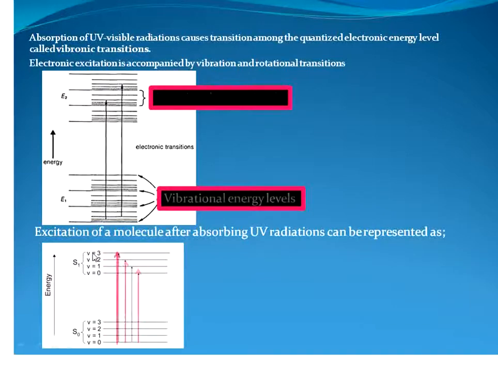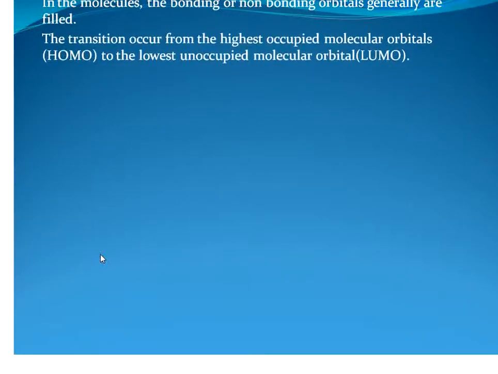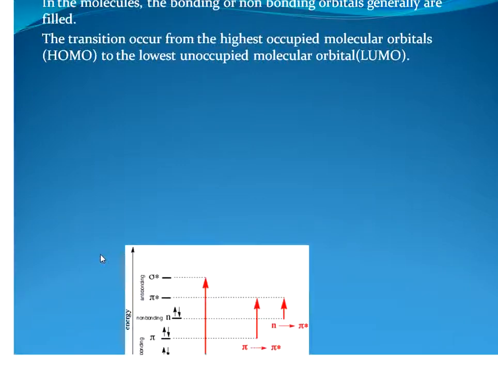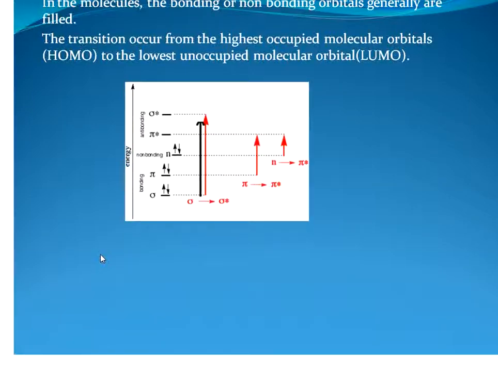S1 means excited state. Also, we know that in the molecule, the bonding or non-bonding orbitals are generally filled up. So it means the transition occurs from the highest occupied molecular orbital to the lowest unoccupied molecular orbital. Like here, we can have a transition of electrons from sigma to sigma star.